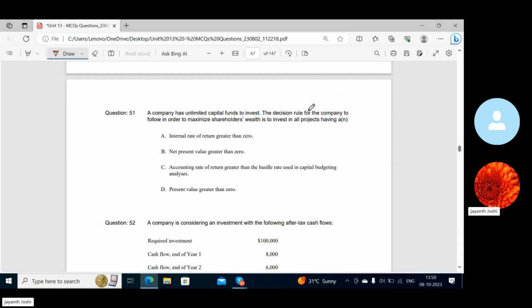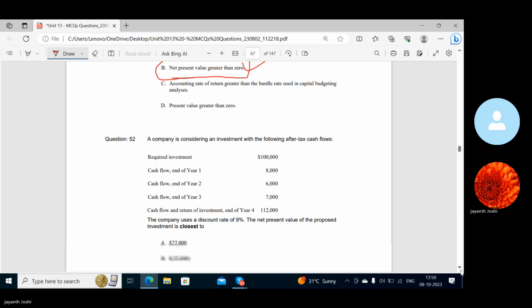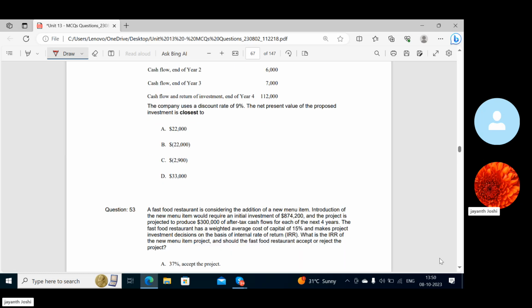The decision rule for the company to follow in order to maximize shareholders' wealth is to invest in all projects having an... So what can be the answer for this? NPV greater than 0. Yes. So if you have a positive NPV, you can invest in the projects, right? Yes. Next question.